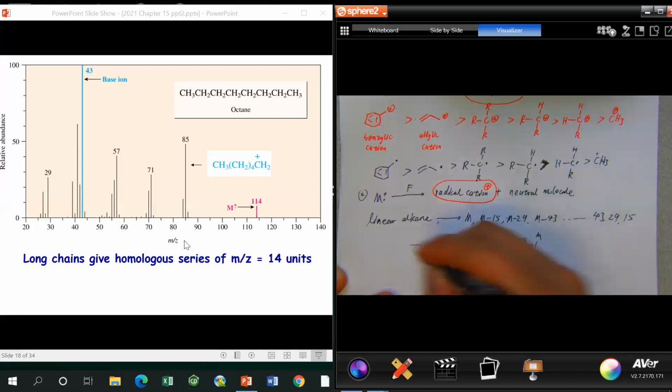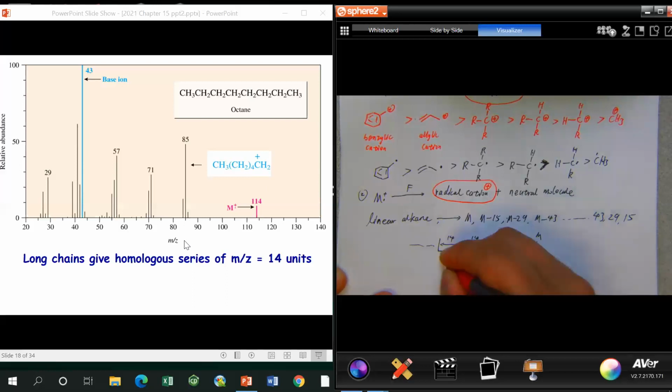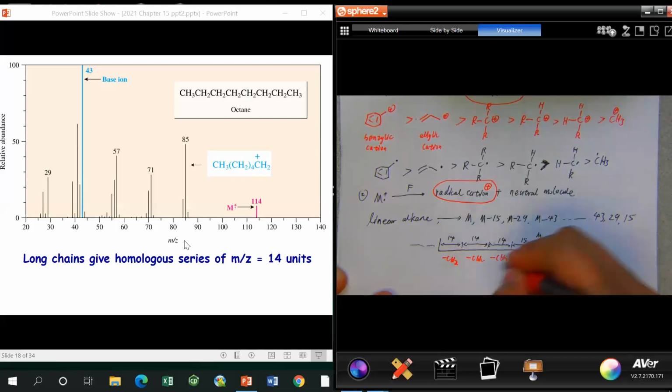The reason for that is the first time you break off CH3, and then the second time you continue to break off CH2, CH2, CH2. So that's the whole process. The CH2 mass is 14. So that's why for the linear alkane carbon chain you see a series with 14 units of difference between the fragment masses. That's very unique for the linear alkane.